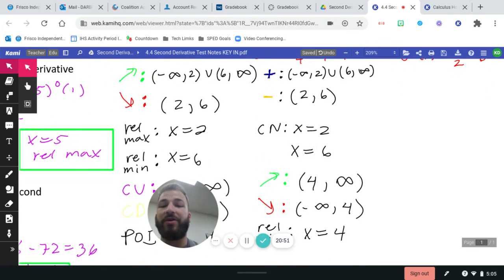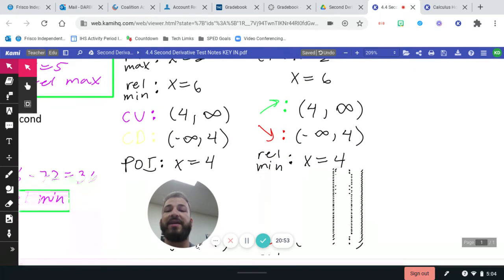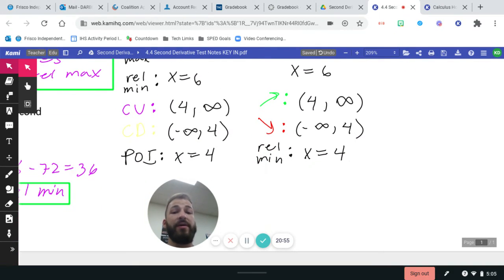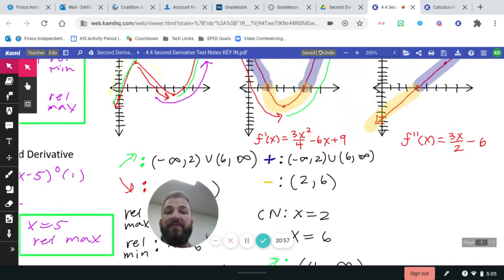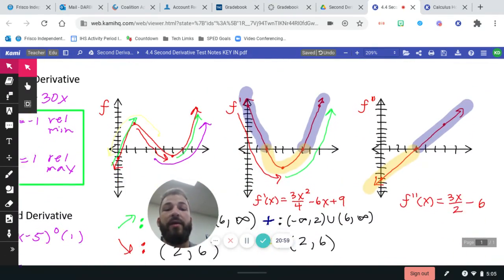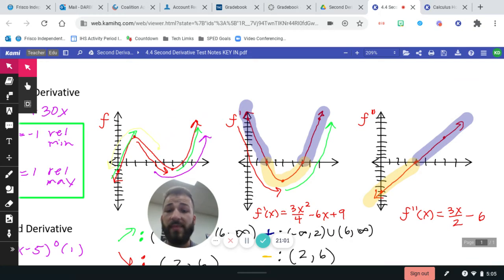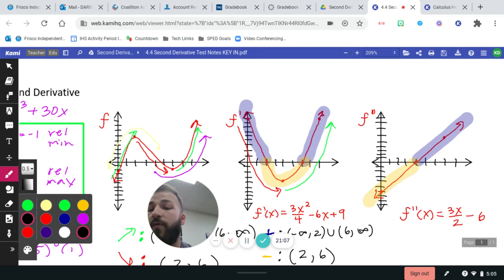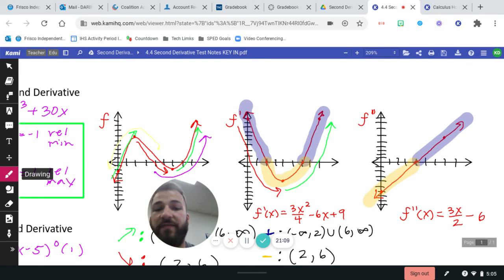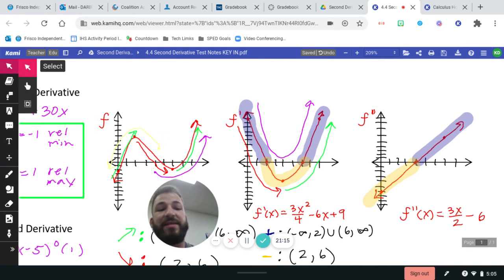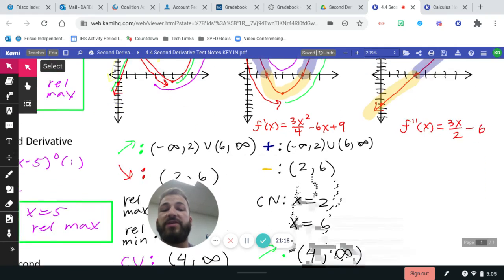Okay, hopefully by now y'all are starting to notice how things are lining up. And we even have that F prime is concave up, that nice parabola shape, for the entirety of its graph. So I could say that it is concave up from negative infinity to infinity.